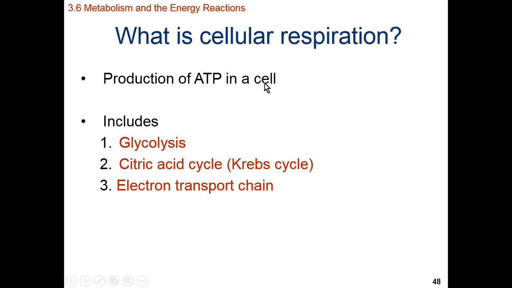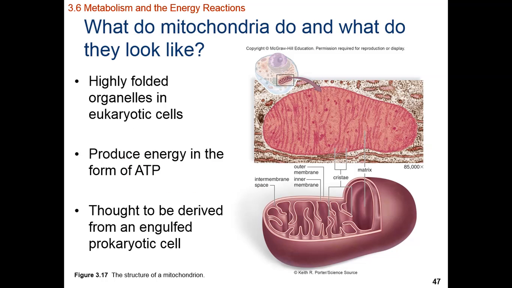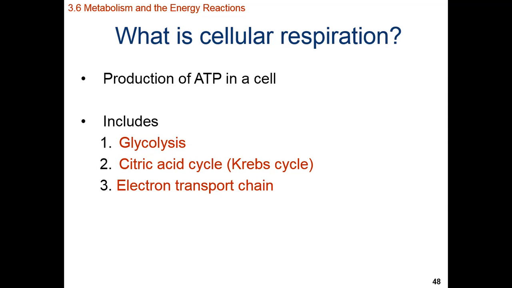There are 3 main steps: glycolysis, the citric acid cycle, which is formerly known as the Krebs cycle, a really old school term, so I'm going to be using the term citric acid cycle, and then the electron transport chain. These 3 steps work together to make most of the ATP. And because we've already talked about how the mitochondria makes most of our ATP, you can imagine that most of cellular respiration takes place within a mitochondria.